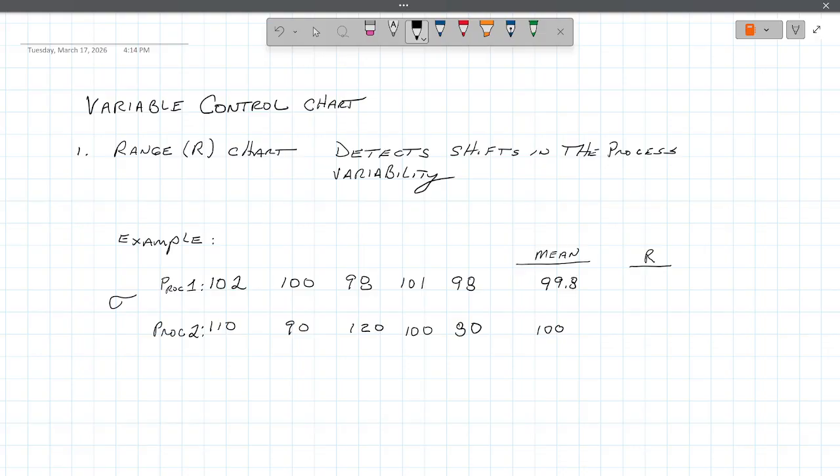Okay. How about the range? So our high was 102, our low is 98. So is the range 4? Okay. How about process number 2?